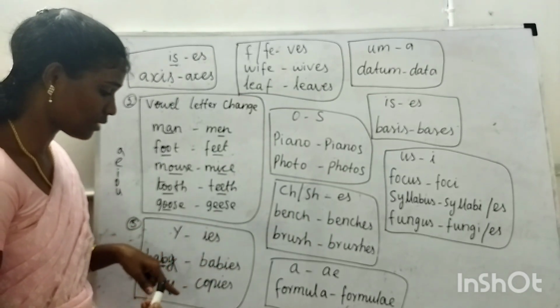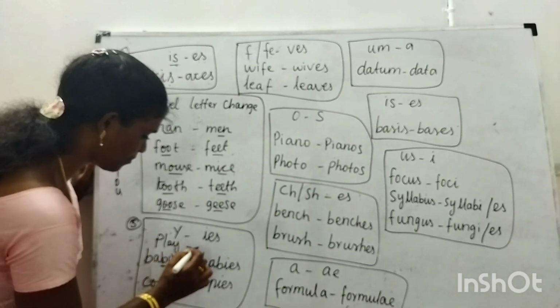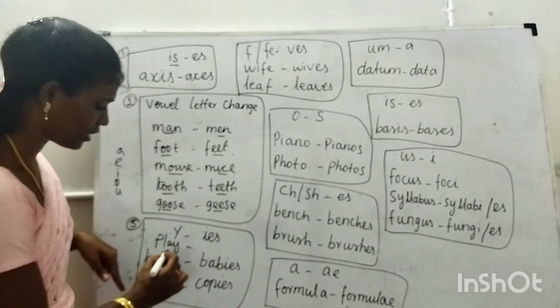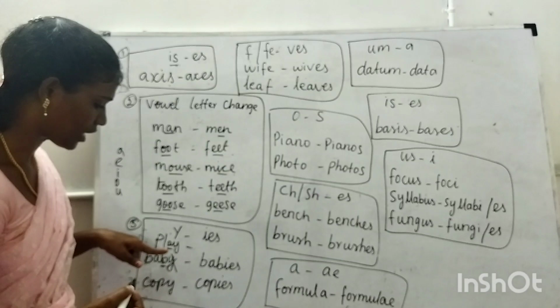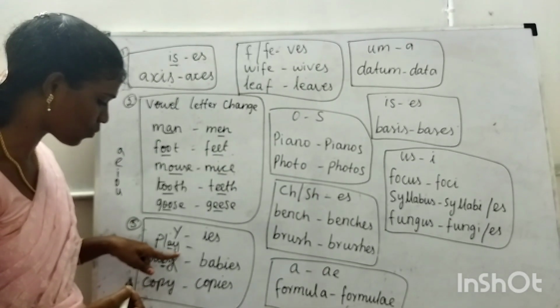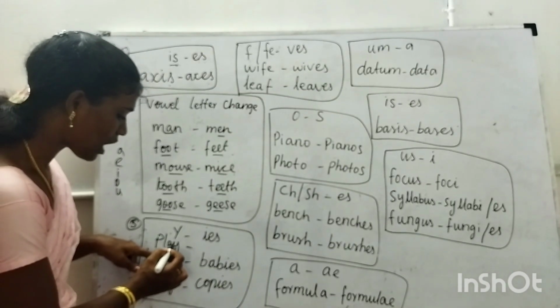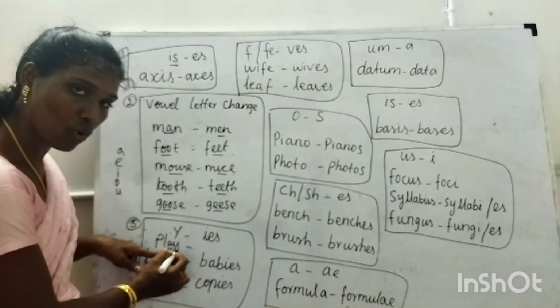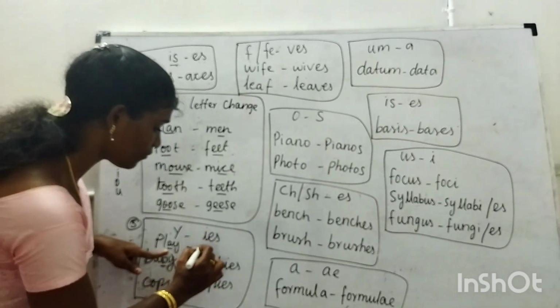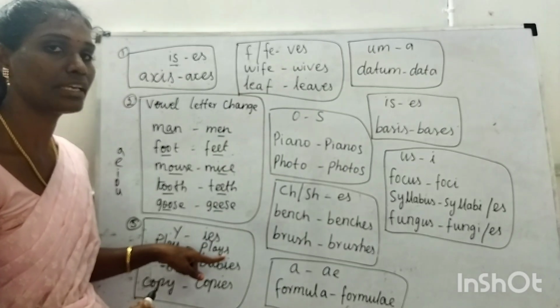At the same time, if it is play, P-L-A-Y, before this y there is the vowel letter A. So if you have a vowel letter before this letter y, the plural form is just adding s.